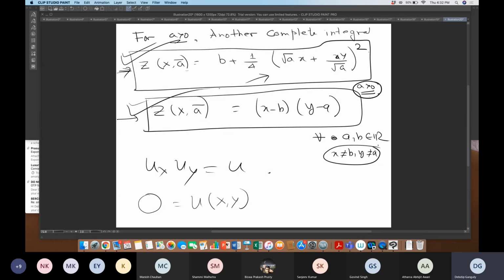Are you agreed? Is it correct? You agreed? With these two solutions, zero is not covered. You agreed or not? All of you.